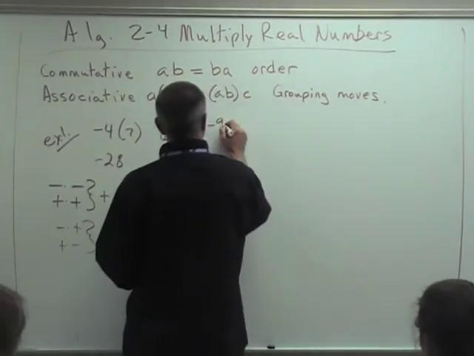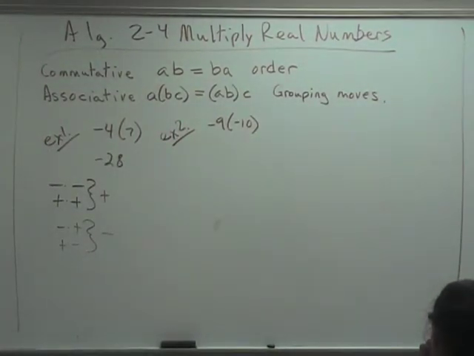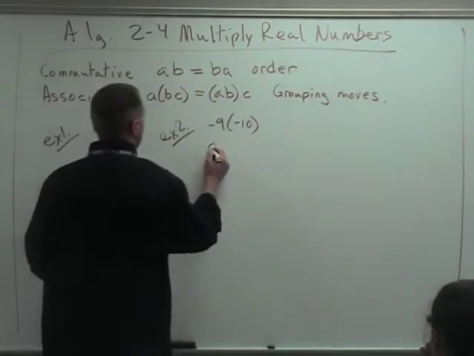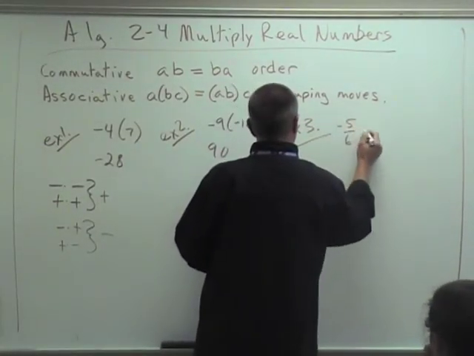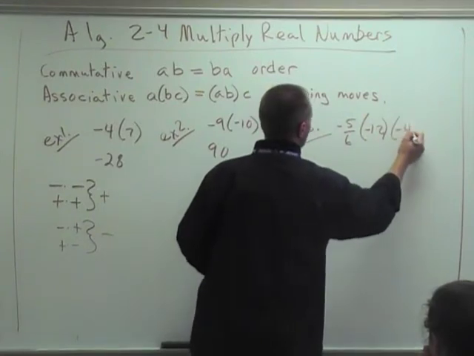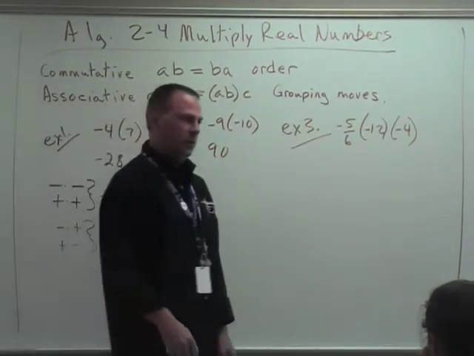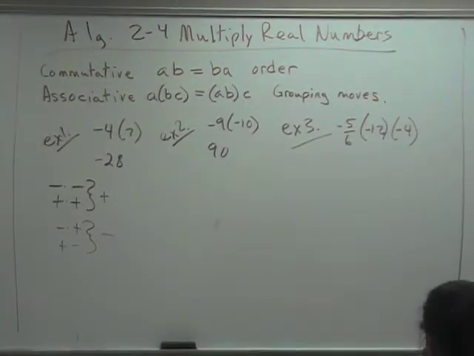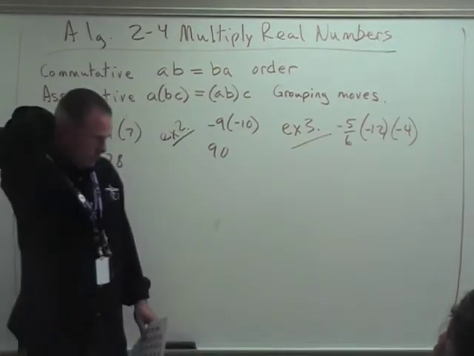Example 2, -9 times -10, just to make sure. What do we get, Brody? Positive 90. Good. Let's rip through these real quickly. Example 3: -5 times 6 times -12 times -4. First thing I want to know is whether it's positive or negative and how you know it. Nate? Because if you just do two at a time, the signs are the same, so it's going to be positive, and then the positive times the negative is going to be negative.